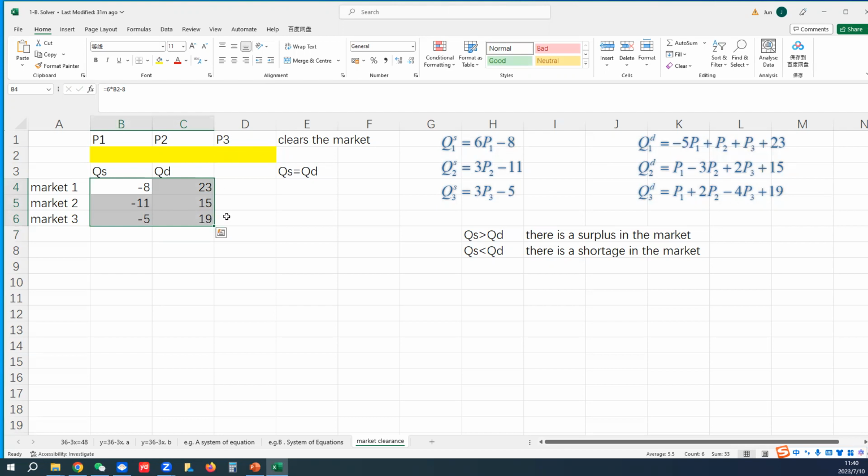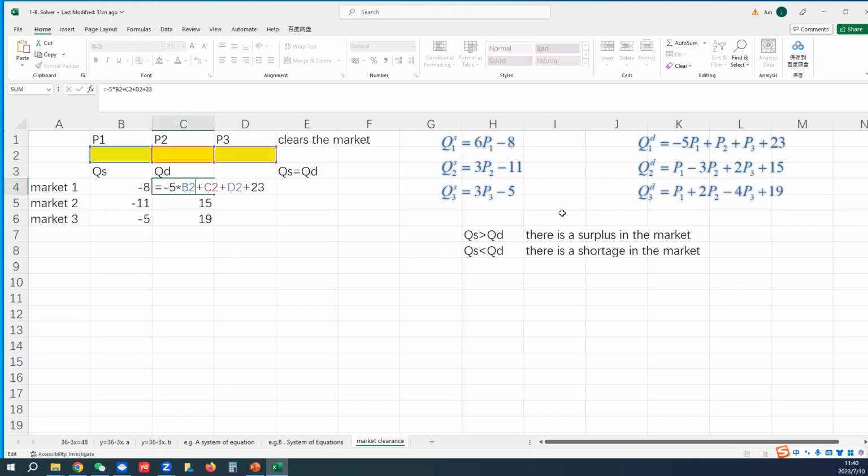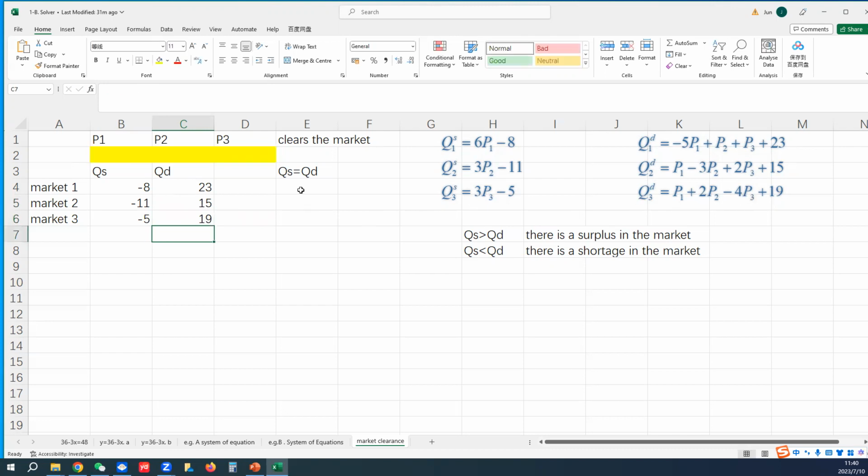If those constants are not correct, definitely you're making some mistake in your entry. But that doesn't guarantee that you make everything correct 100%. You need to double check. Minus 5 P1 plus P2 plus P3 plus 23, check. P1 minus 3P2 plus 2P3 plus 15, check. P1 plus 2P2 minus 4P3 plus 19, check. Okay, so everything checks.